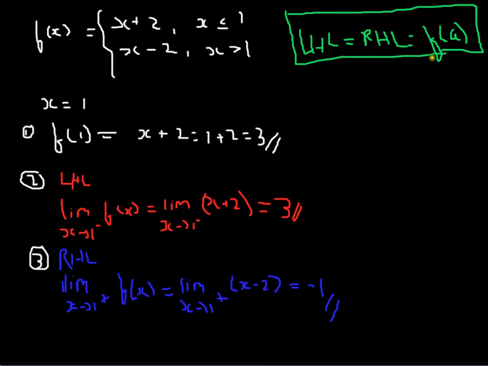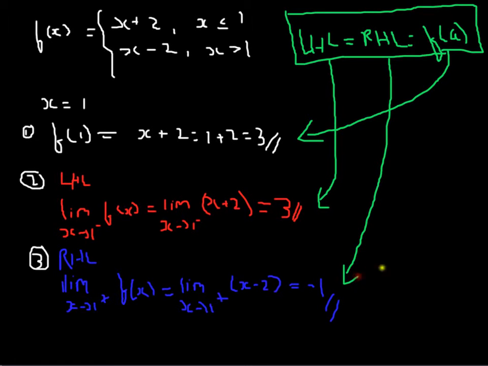In this particular case, f of a is equal to 3, and LHL is also equal to 3, but RHL is equal to -1. So we can clearly say that LHL is not equal to RHL, which is not equal to f of a. Therefore, the given function is discontinuous at x equal to 1.